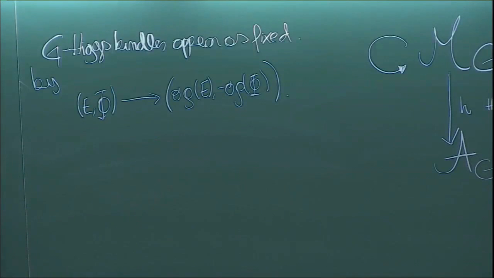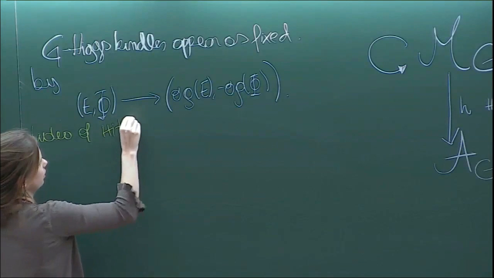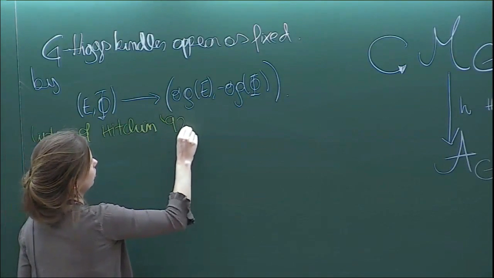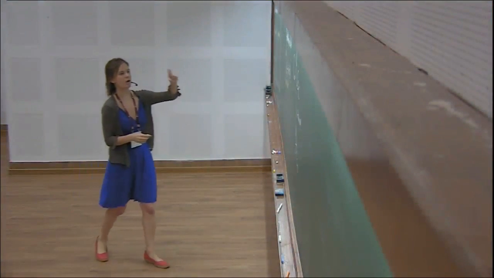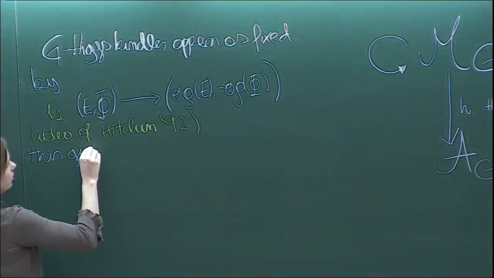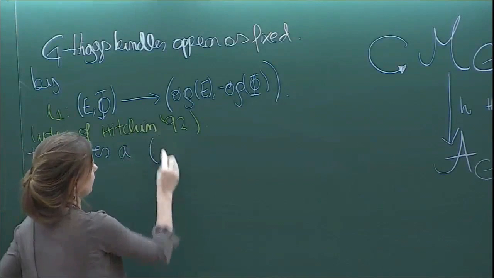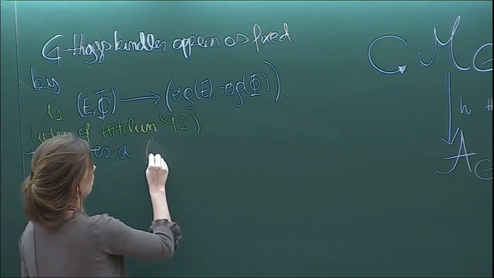And we mentioned this was the way in which Hitchin constructed the Hitchin component back in '92, following the idea of Hitchin in his Teichmuller paper. So let's call these I1. And when we look at these fixed point sets, G Higgs bundles appear as fixed point sets of this involution, and this gives a BAA brane. So let's put it with some color and let's just remind ourselves what these branes were.